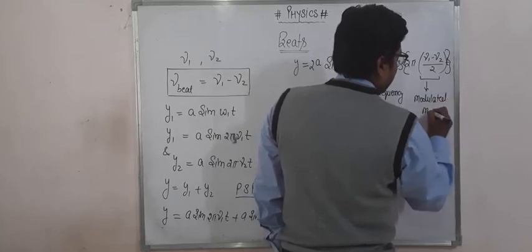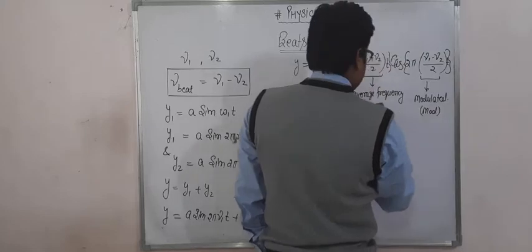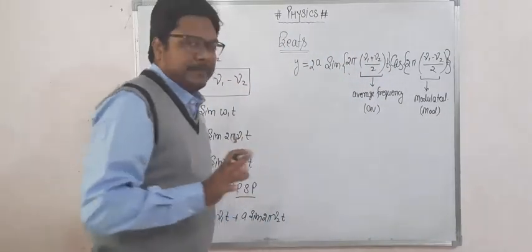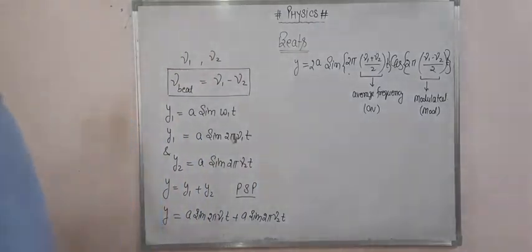In simple form, this is called mod and this is called AV. AV stands for average. Simple, nothing special. You can see I have not done anything; I have just applied the superposition of waves. Okay.